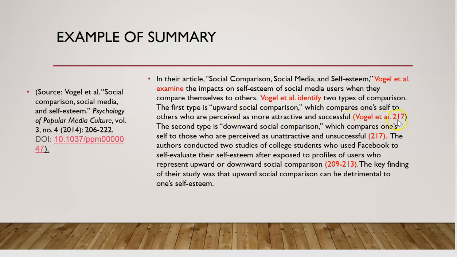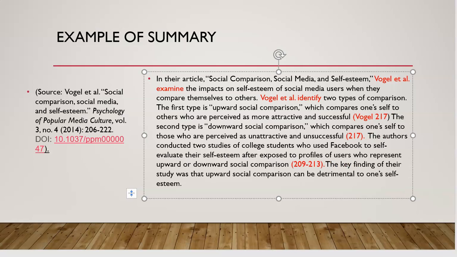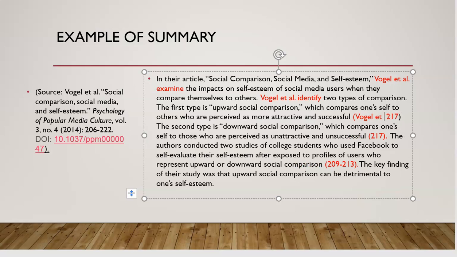And then I also included here a citation that traced this quote directly to the page number. So you can just include the page number there. If it was only just one author, you would just need to put Vogel 217. But because we have 3 authors, we put et al. in there.